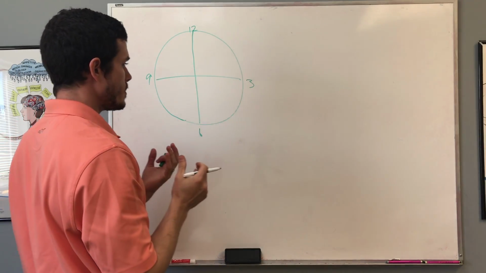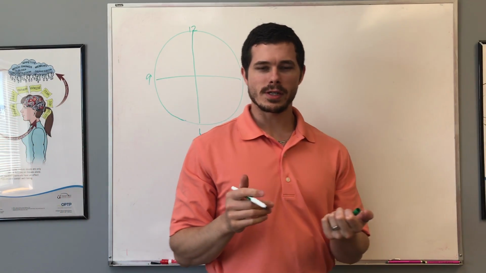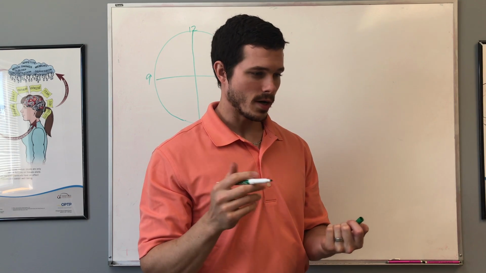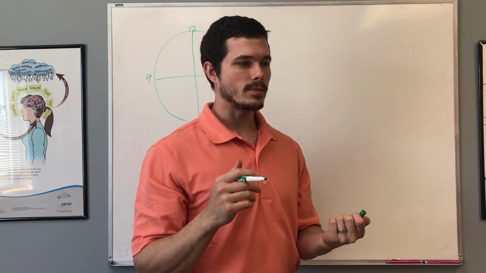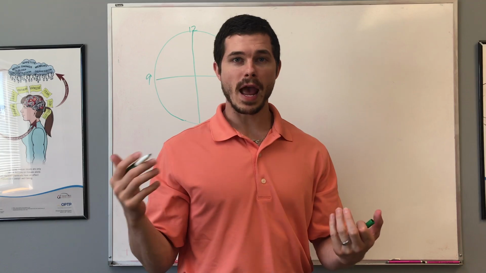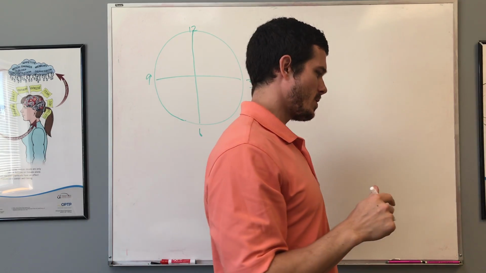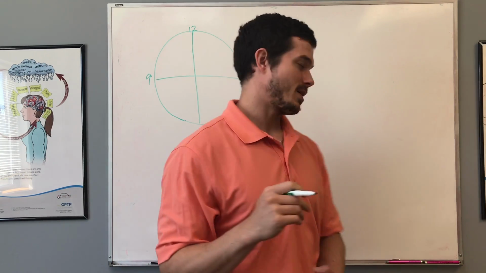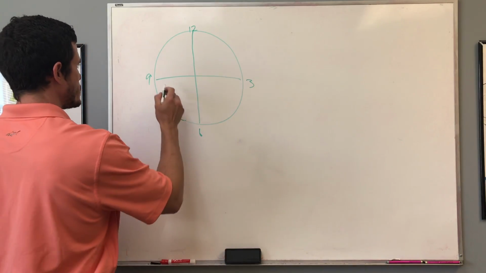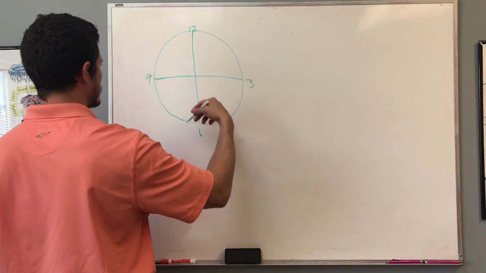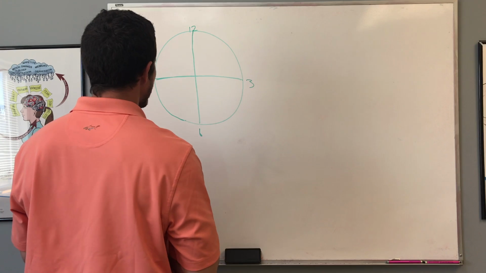So, my father was in the military, and I know they still use time to explain where maybe an enemy might be, right? So, so-and-so at 6 o'clock or something like that. Anyway, point is it starts with these big numbers, 6, 9, 12, and 3, right?